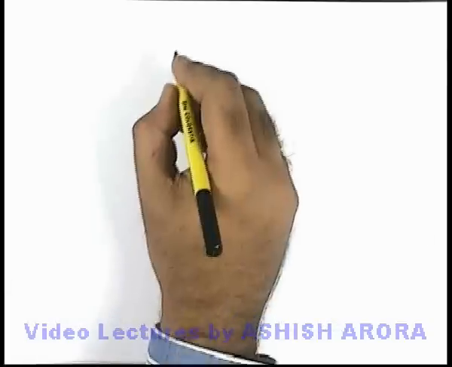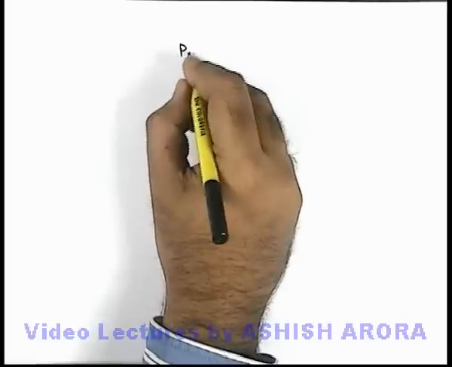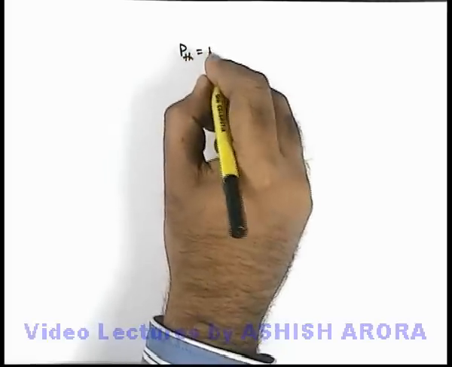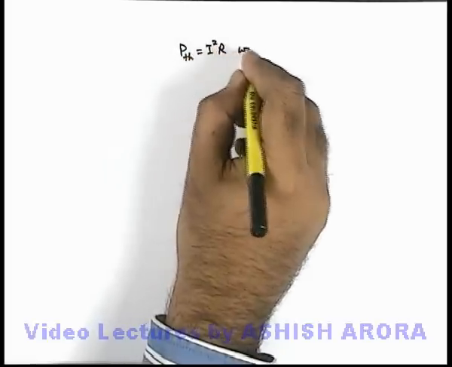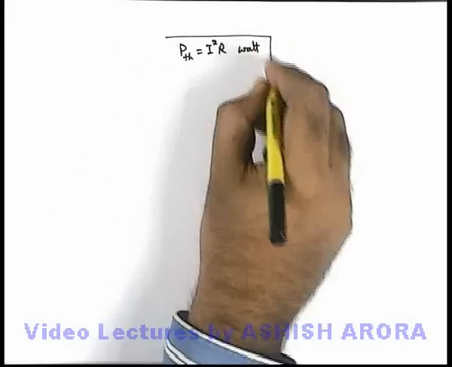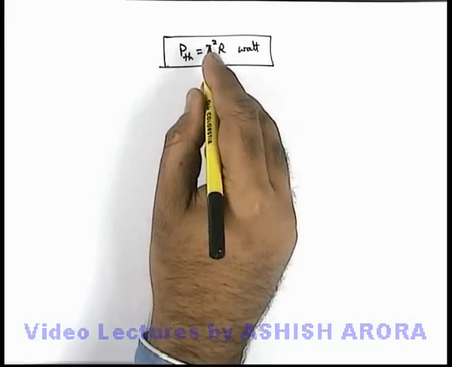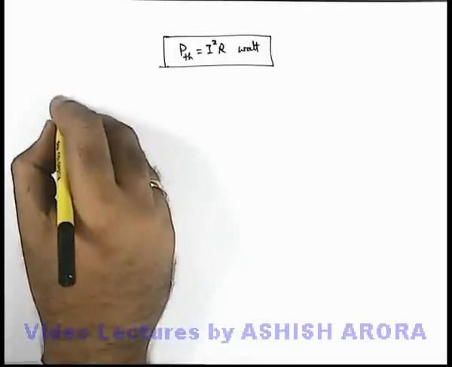As we have just discussed, the amount of thermal power produced in a resistance can be written as I square R, measured in watt. Depending on the value of current, we can easily calculate the heat.